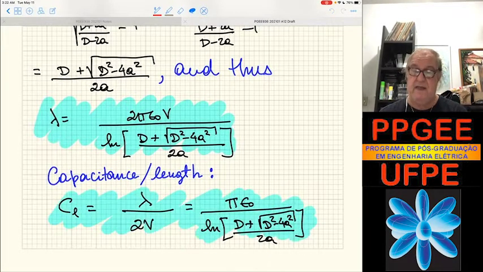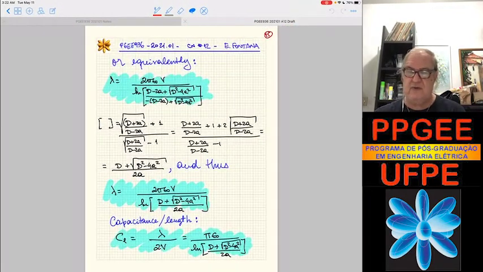I'm not going to explore much of this calculation because it takes a long time. I'll leave that for you, but just to illustrate, that's one problem that is solved by the method of images.